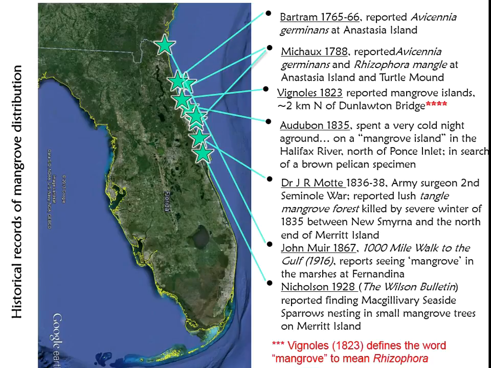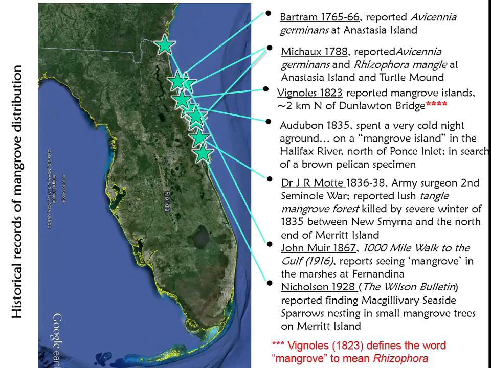This is a bird publication. This guy, Nicholson, he reports finding MacGillivray's seaside sparrow nesting in small mangrove trees on Merritt Island. So, you know, there are not supposed to be any mangroves at Merritt Island.